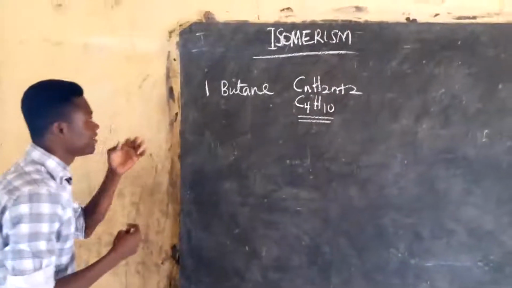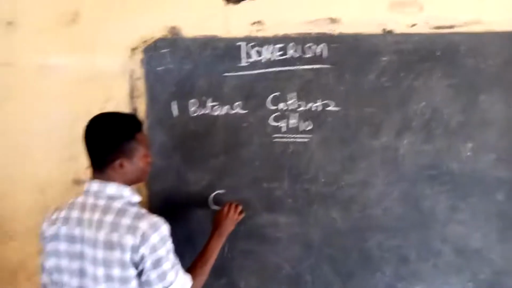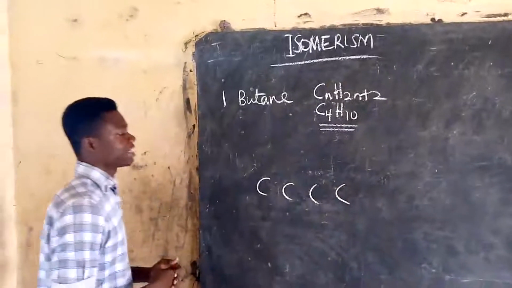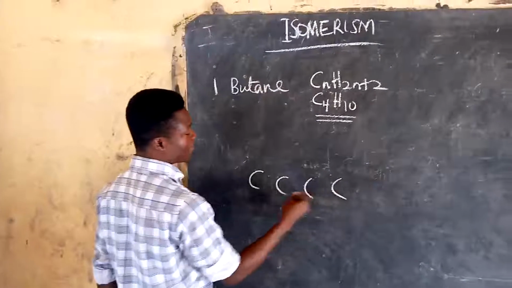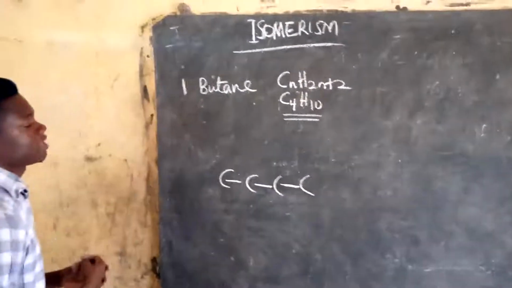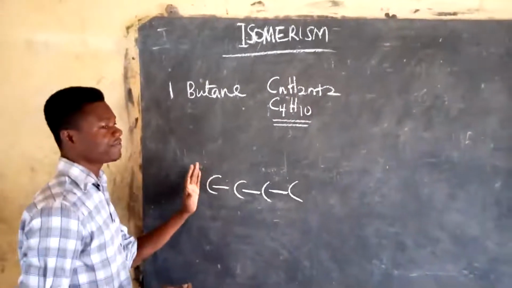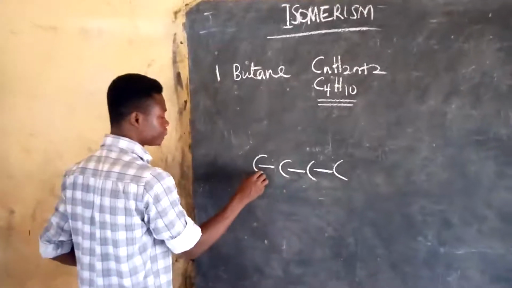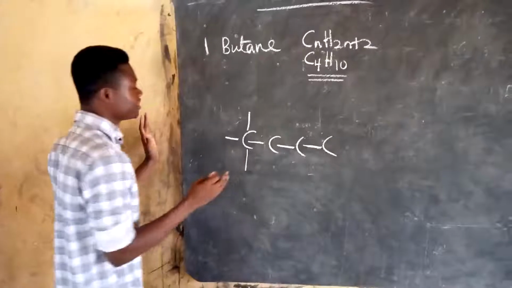So let's write the structural formula for butane. The structural formula means that we want to distribute all the hydrogens around the carbons and see what will happen. So now we have butane, 4 carbons. We try to bond the carbons together, and because the carbon has 4 outermost electrons, we add the hydrogens to the other parts.